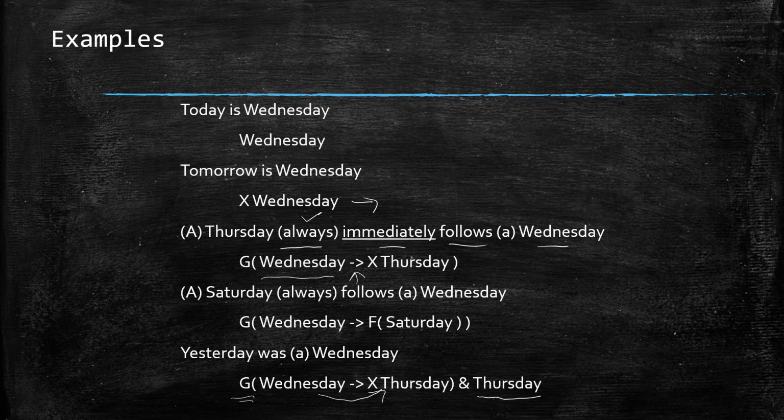As we said, we model today is Wednesday by just writing Wednesday. So when I write today is a Thursday, I can model it by Thursday, and the part on the left of the AND is telling me that Wednesday is followed by a Thursday. That means what was just before Thursday, what day was before Thursday, it is Wednesday. So I modeled the past by making use of the next and the global operator.